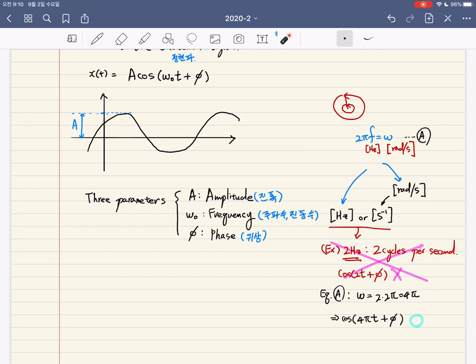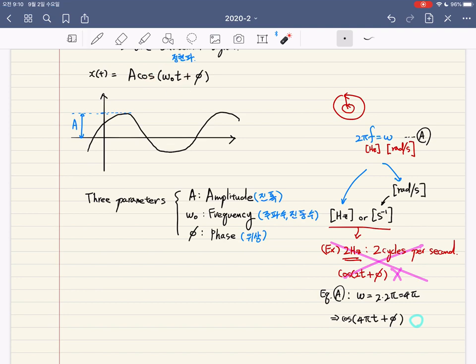And since this is radian per second, if you multiply radian per second by second, you get radian. And if phi is represented in radian form, then you can successfully add these together to get the cosine value.